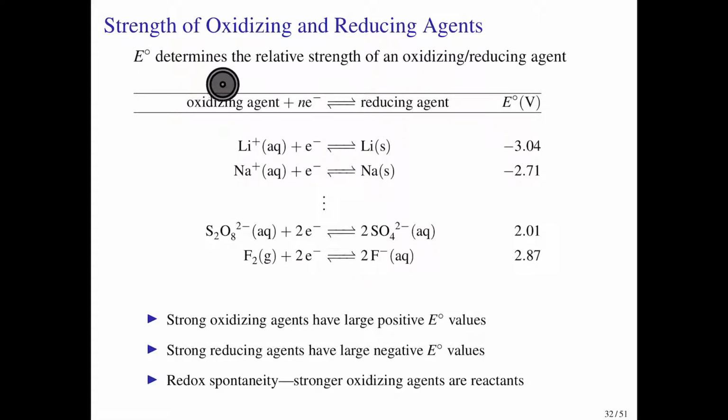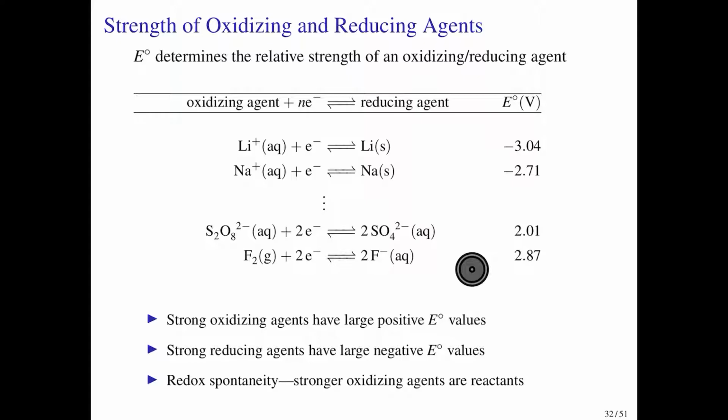On the left is always an oxidizing agent, and there'll be some number of electrons being gained. And then on the right is the reducing agent. So in your table you're going to see reactions that look like this. There'll be a whole bunch of them, and listed next to those are the reduction potentials for these particular half reactions. And you see that some of them are negative, some of them are positive.